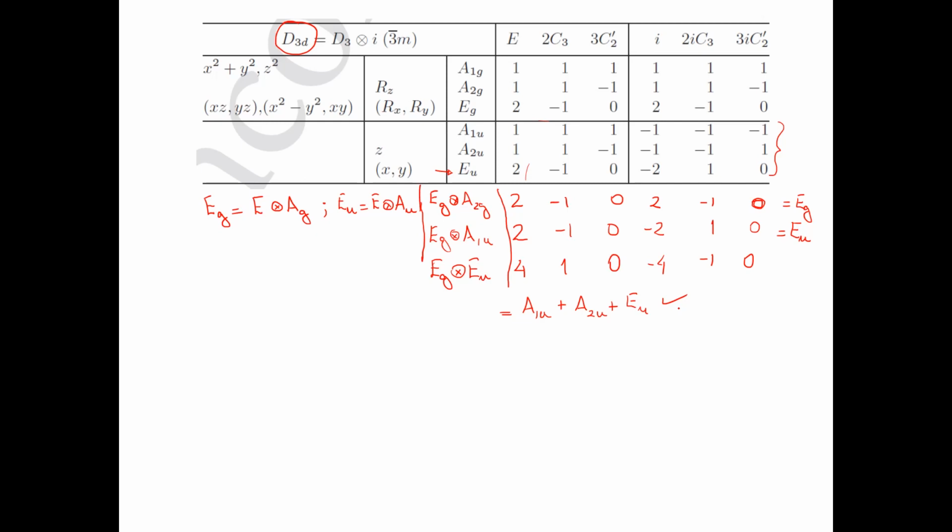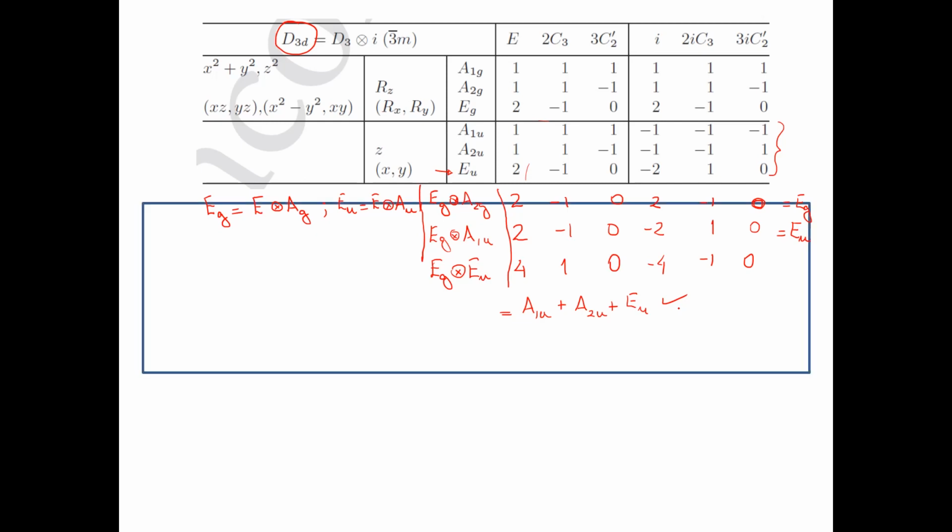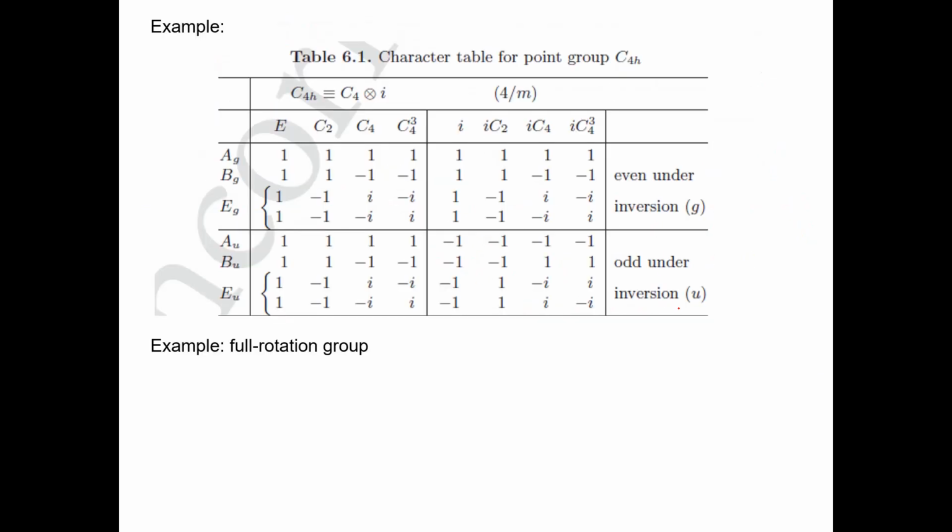So let's now do another example, which is this one, the C4H group. The C4H group is a direct product group between C4 and inversion.